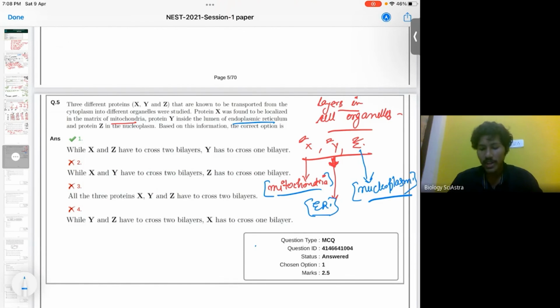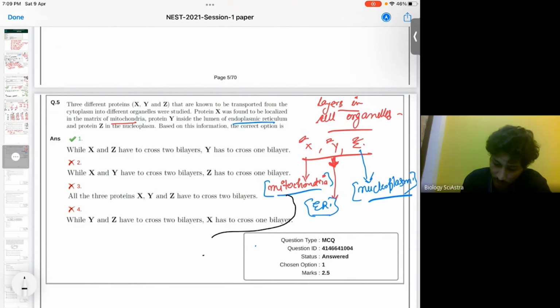तो अगर तुम लोगों को पता है कि ये organelles कितनी membranes comprise करती हैं, तो तुम लोग easily solve कर दोगे. जैसे कि if I ask you how many membranes are there in the mitochondria, you would say 2 layers, or it is bilayer. And in endoplasmic reticulum we have 1 layer. In nucleus we have 2 layers.